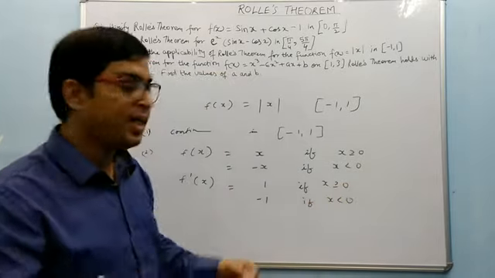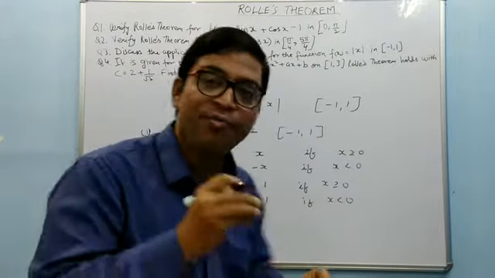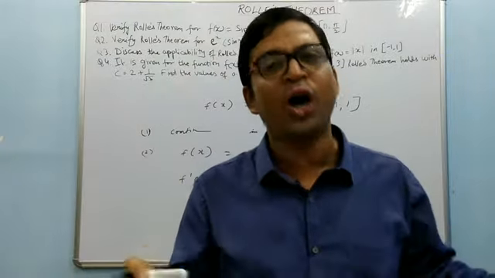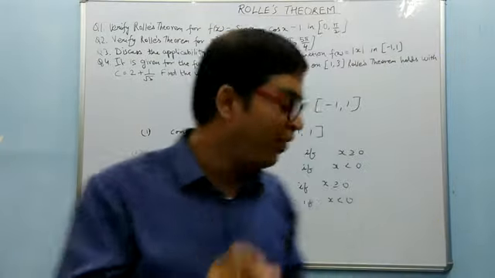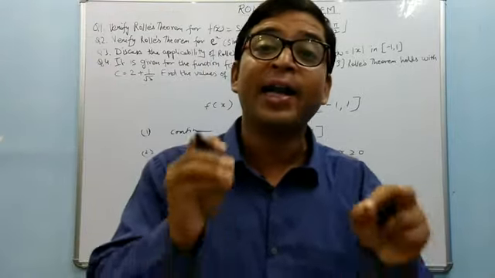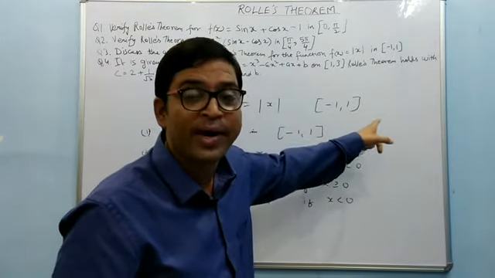You just see that at x equal to 0, it got different values. That means the left hand derivative is not equal to the right hand derivative. So it is not differentiable at x equal to 0. 0 lies in the interval between -1 and 1.